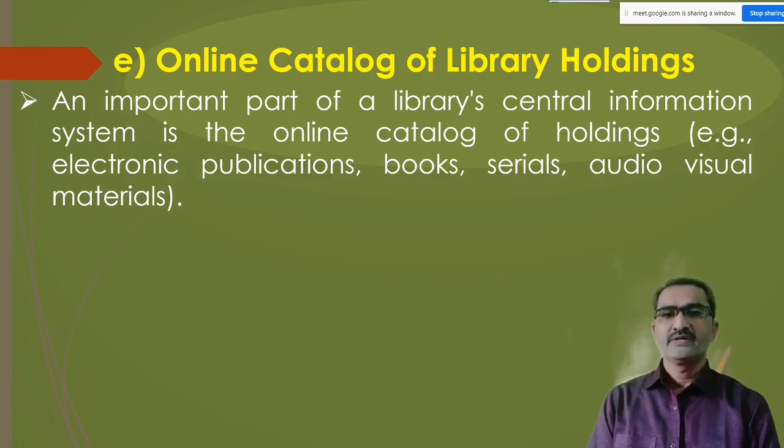For example, electronic publications, e-publications, books, serials in the sense the serial of those collections, audio visual materials, etc. are considered. And you can see that at the central information system of this library, all these are documented or recorded or placed properly, so that the researchers can take the benefit of that.